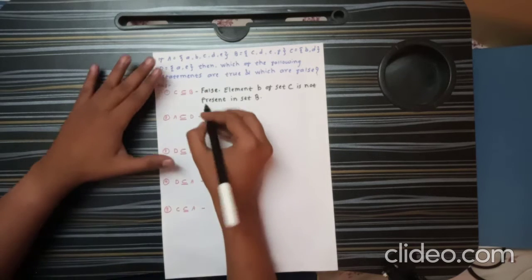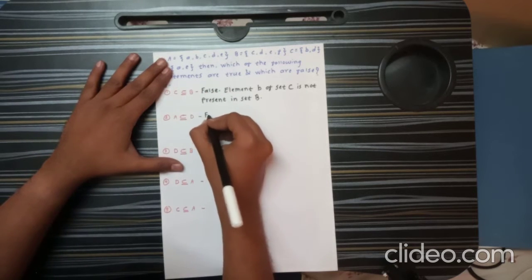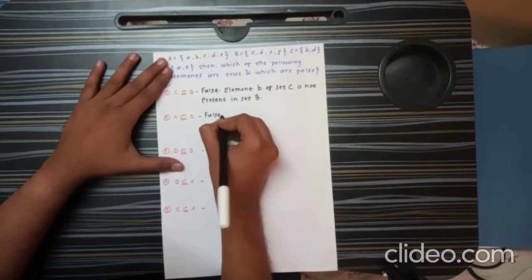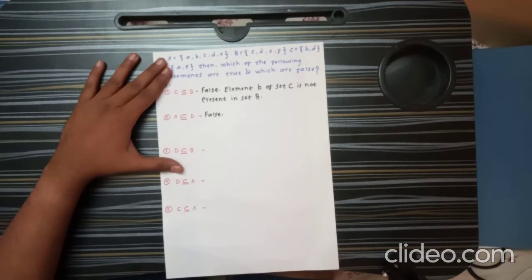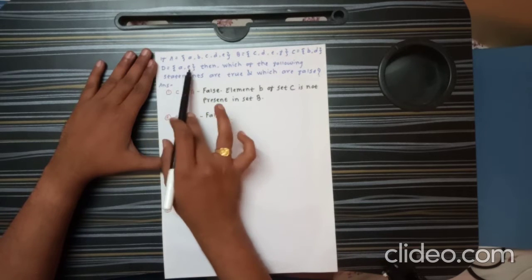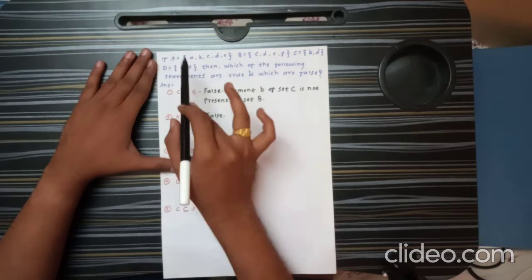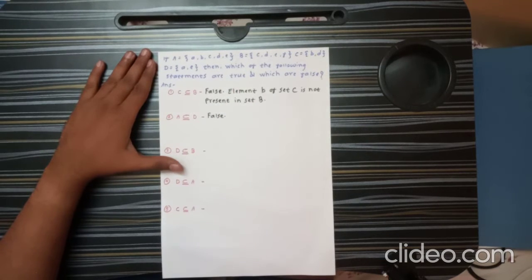So in this case, first of all we'll write it as false. Now we are going to specify the reason also. All the elements of set A are not present in D, hence A is not a subset of D.